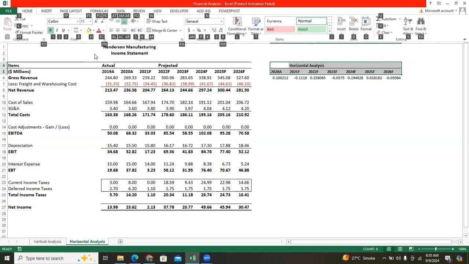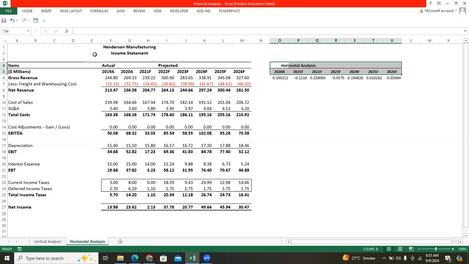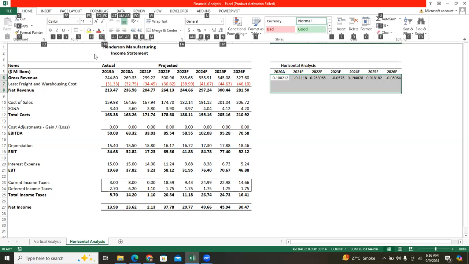Alt H and then I would be aligning it centrally. Alt H and then making it a percentage.